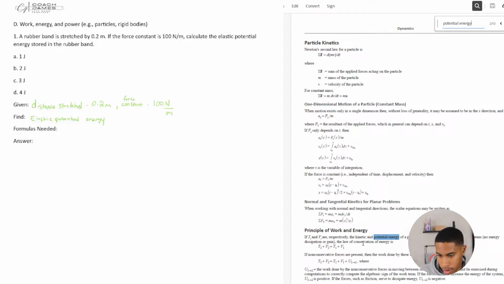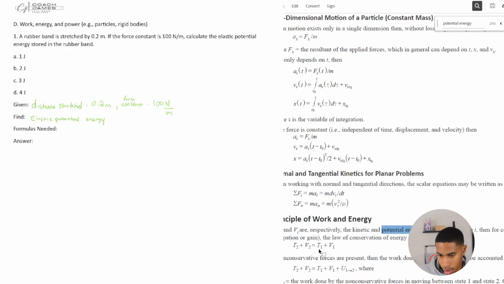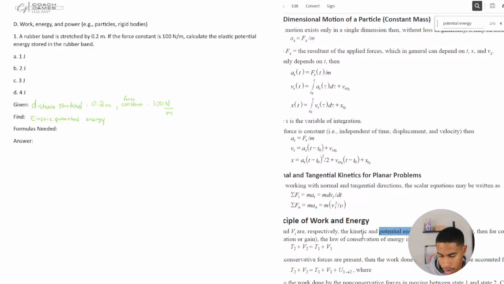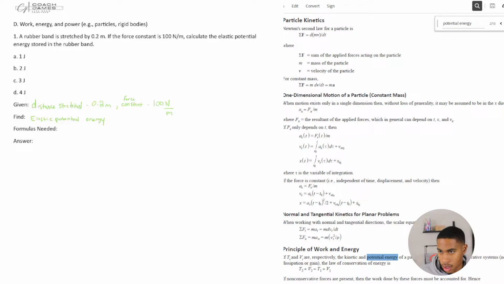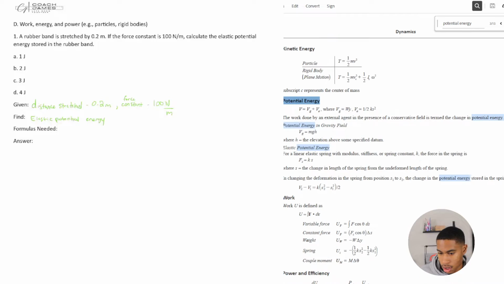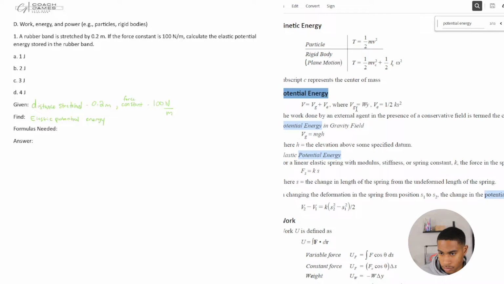All right, so it's important to note that kinetic energy is denoted by T, and potential energy is denoted by V. So just something important to note. So we got potential energy.